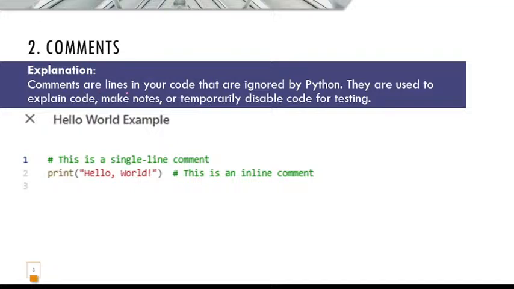So comments are lines in your code that are ignored by Python. They will not hamper your result while you are writing the code, and they are used to explain the code, make notes, or temporarily disable code for testing. For this we write this hash.